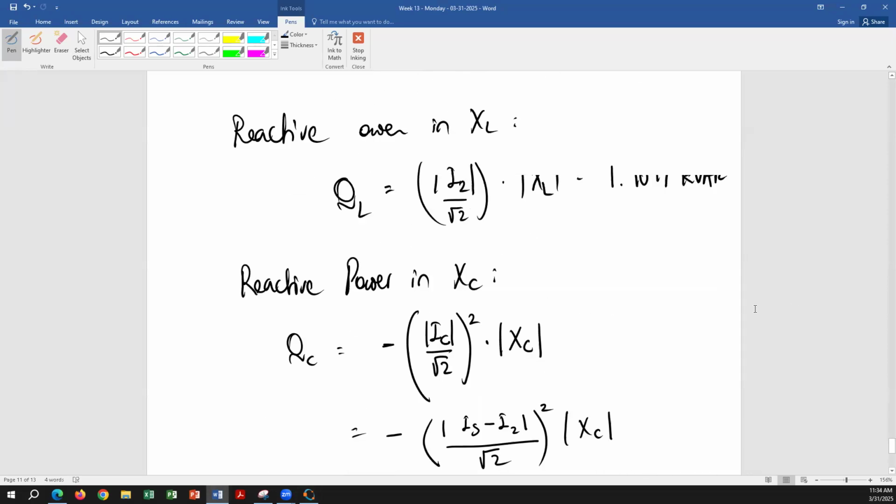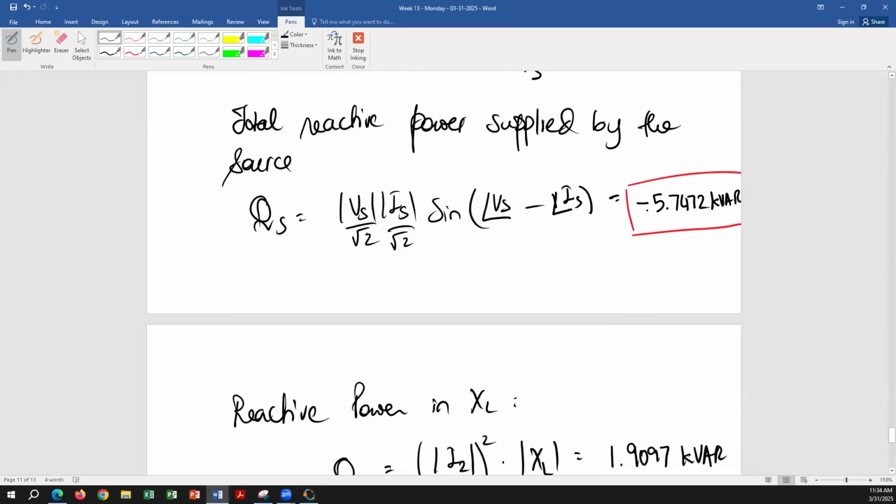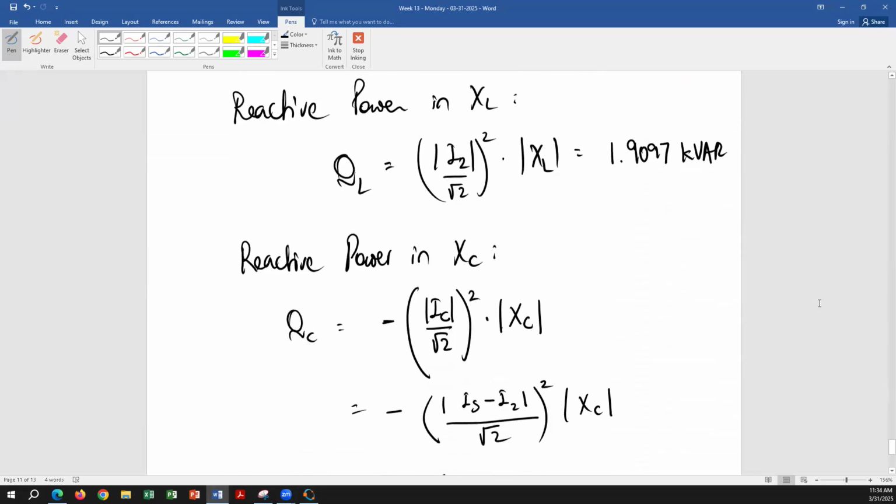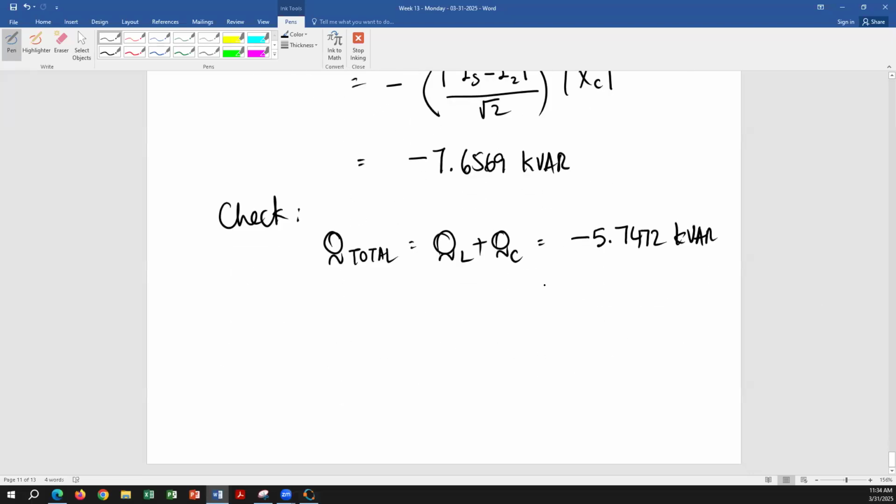Let's see if it's the same as the source, negative 5.7472 kilovolt ampere reactive. So this is equal to Q source. So we checked it.